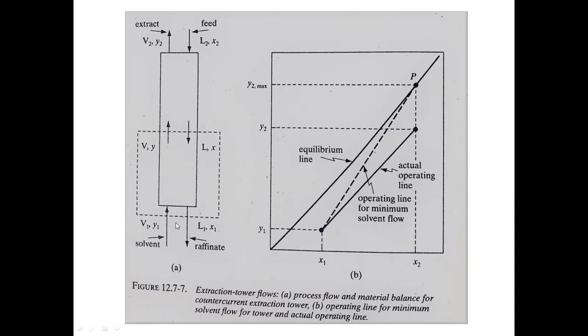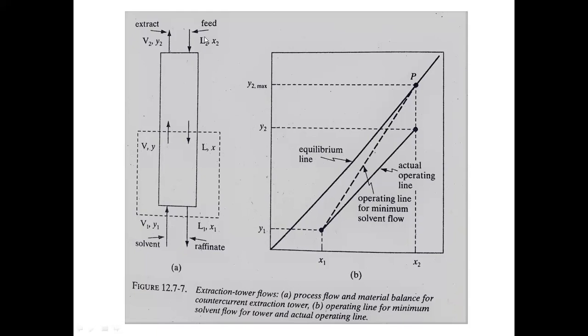Our representation using McCabe has 1 labeled for the streams below the tower and 2 for the streams on top of the tower or column. So this X2 is the weight fraction of the solute in the feed, because we have the feed being introduced on top of our extraction tower.